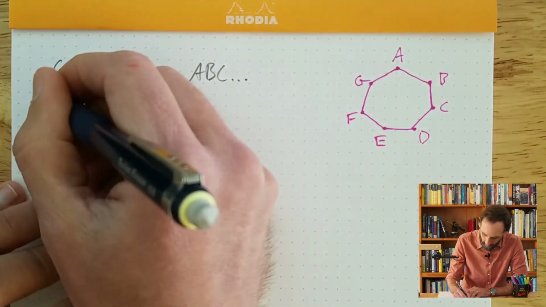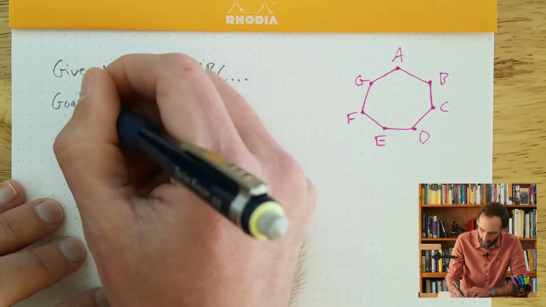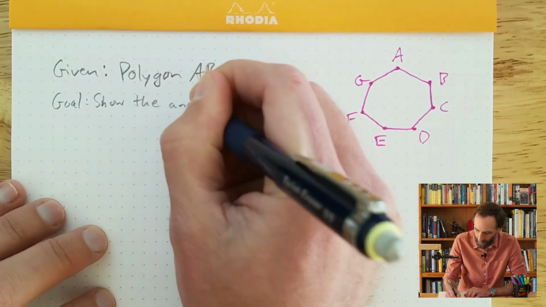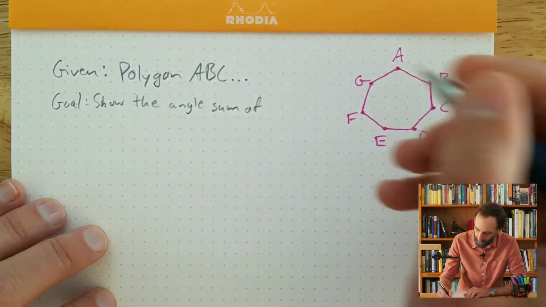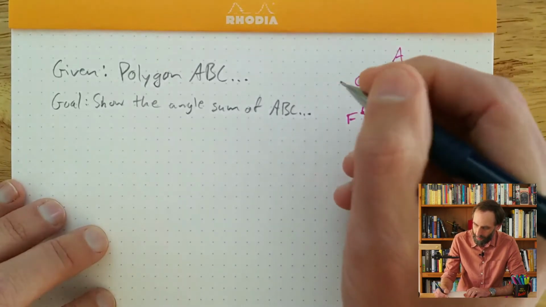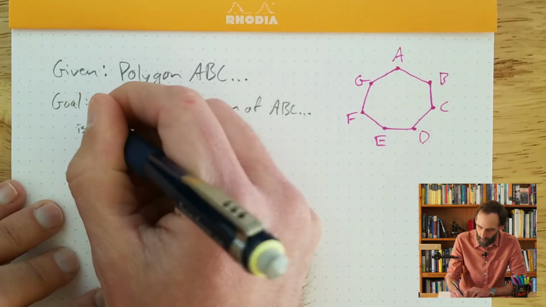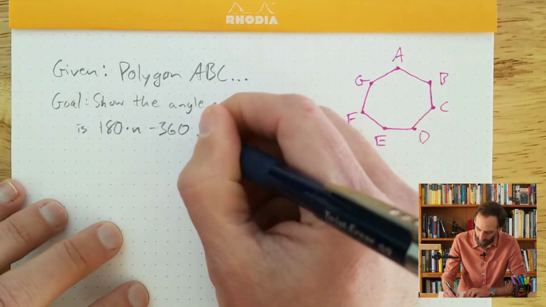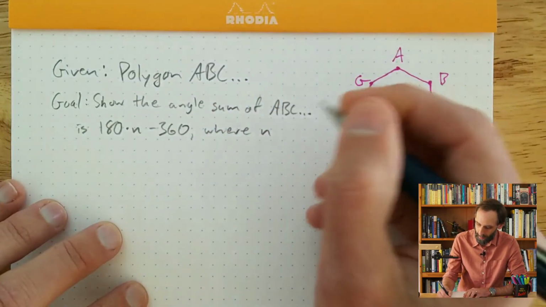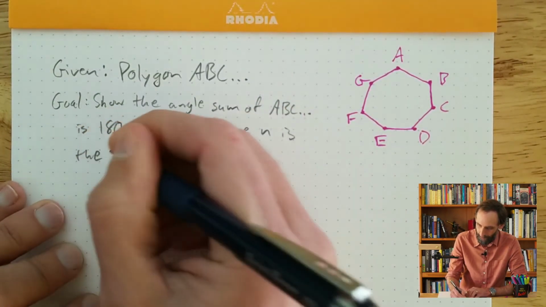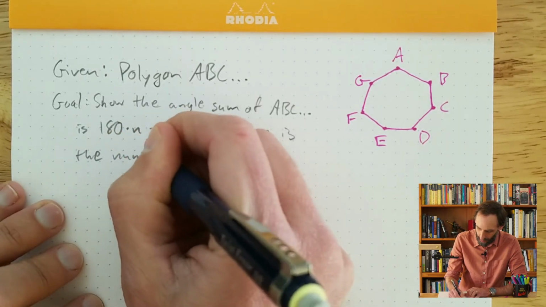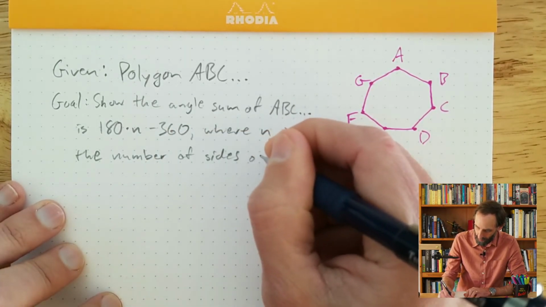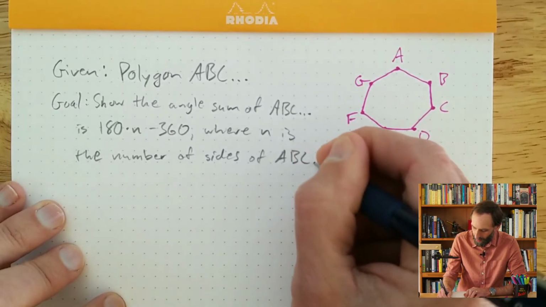And now my goal is to show that the angle sum of ABC dot dot dot is 180 times n minus 360, where n is the number of sides of the polygon ABC dot dot dot.